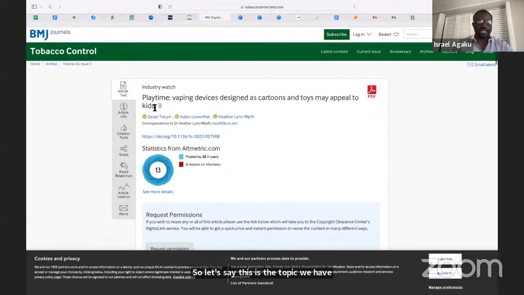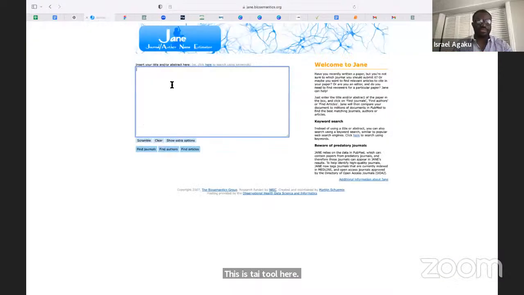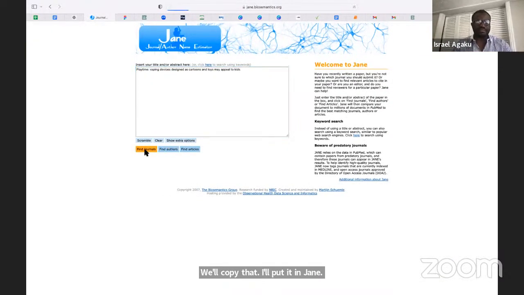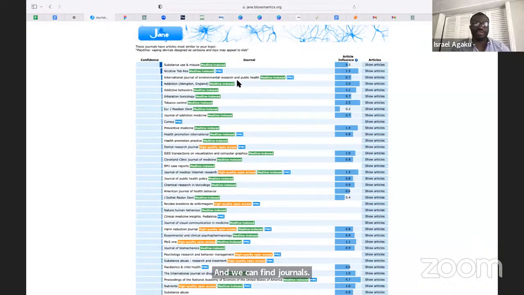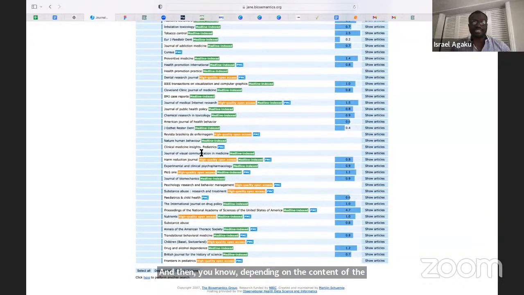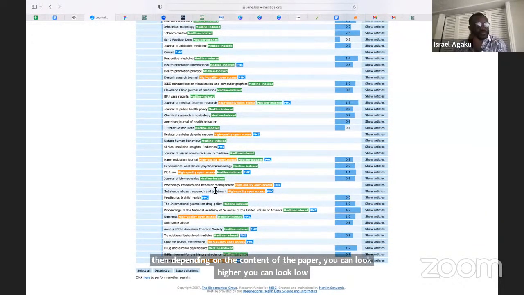This is the title here. We'll copy that and put it in Jane. And we can find journals. So that's one way you can look for it. And then depending on the content of the paper, you can look higher, you can look lower, but that will be dictated by the content of the paper.